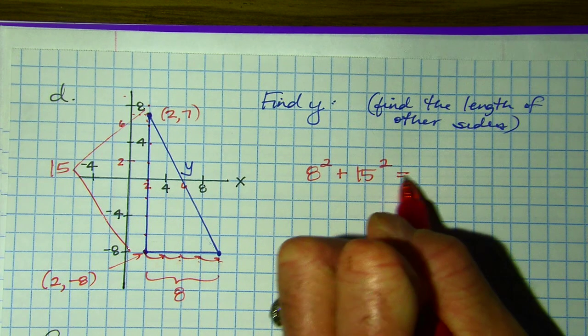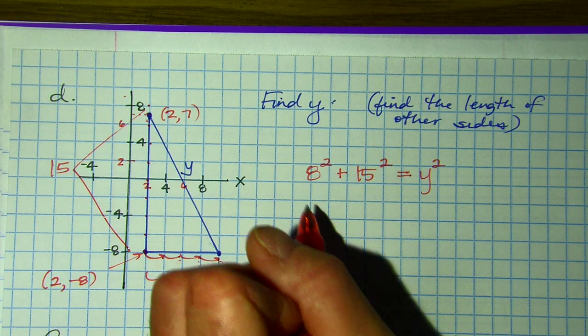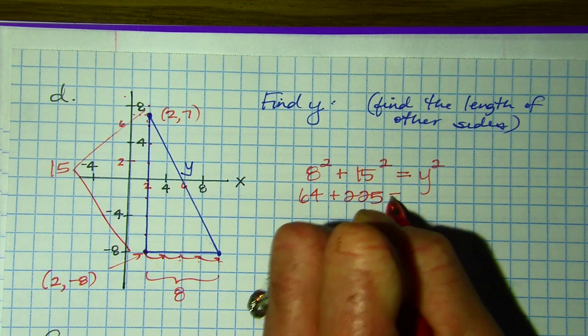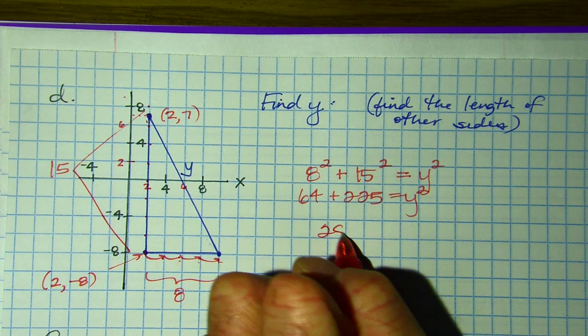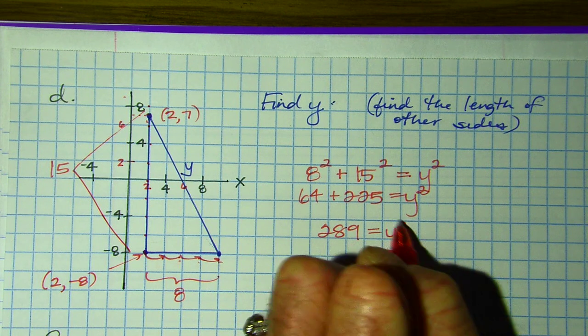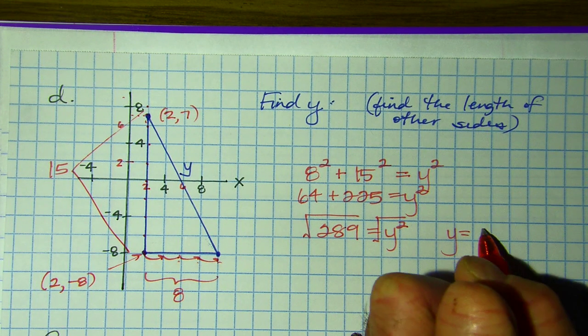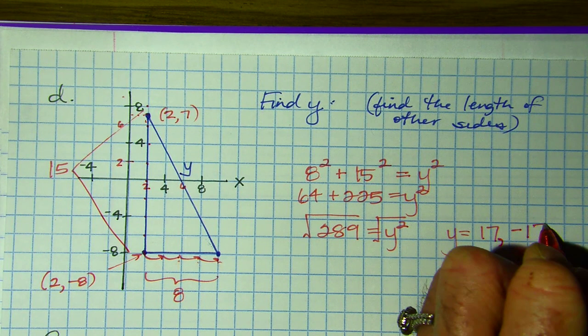So I'm setting up my formula. 8 squared plus 15 squared equals y squared. So 64 plus 225 equals y squared. Let's simplify that: 225 plus 64 gives me 289 equals y squared. Take the square root. Now again, 17 times 17 could give us 289, but so could negative 17.